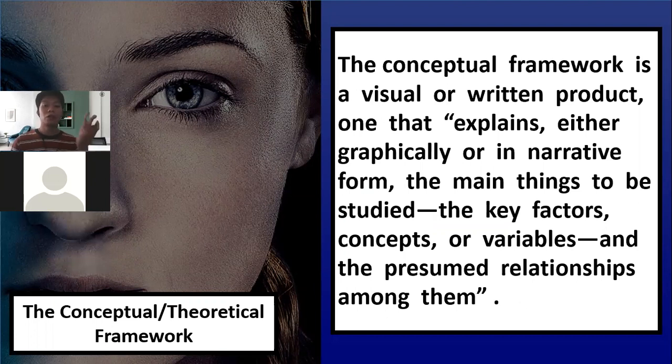So what I have said, itong conceptual framework and theoretical framework are interconnected. The conceptual framework is the visual representation of the theories in your paper, as well as the contextualization of your study and how the variables in your research are interconnected or can be correlated.